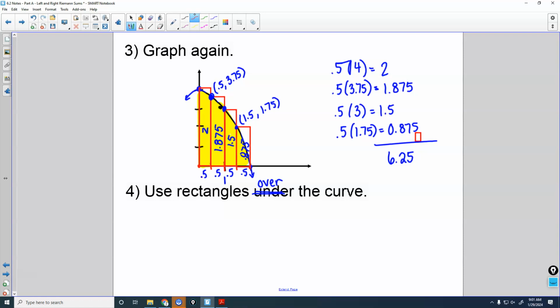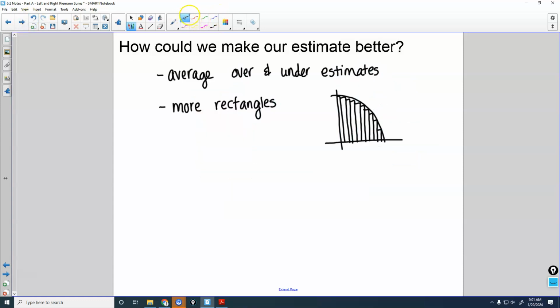But when we did this on the first set of notes, instead of using a rectangle, we'd cut this off right here and make it like a little triangle on top of a rectangle, right? Or it technically is a trapezoid there. So we could use different shapes.